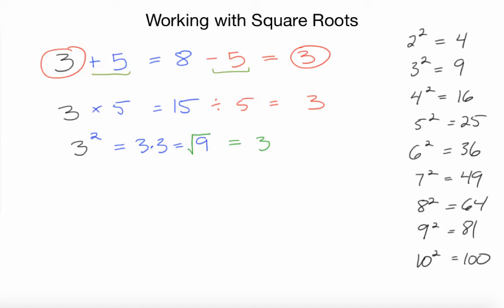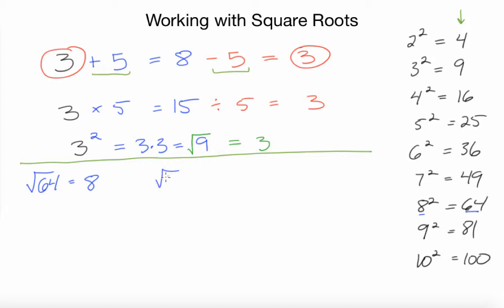And so if you think about it on the flip side, if you ever see any of these numbers, 4, 9, 16, 25, 36, 49, 64, 81, 100, the square roots of all those numbers are going to work out nicely. For example, let's take this. The square root of 64 has to equal 8, because 8 squared equals 64.